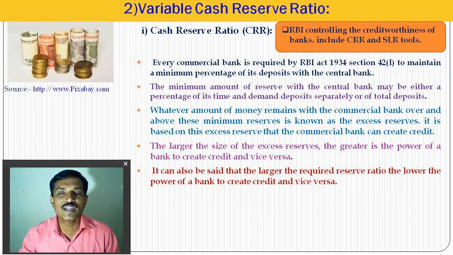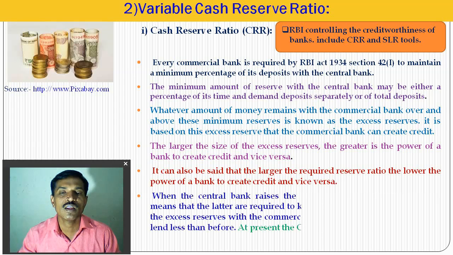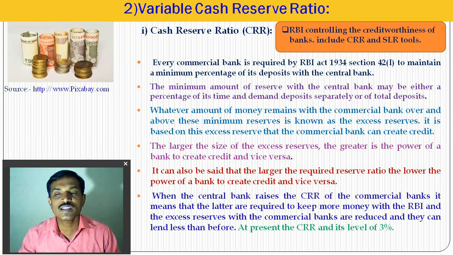It can also be said that the larger the required reserve ratio, the lower the power of the bank to create credit, and vice versa. When the central bank raises the CRR, commercial banks are required to keep more money in the RBI account, and the excess reserve with commercial banks is reduced, so they can lend less and there is less credit creation. During deflation, the vice versa situation applies.